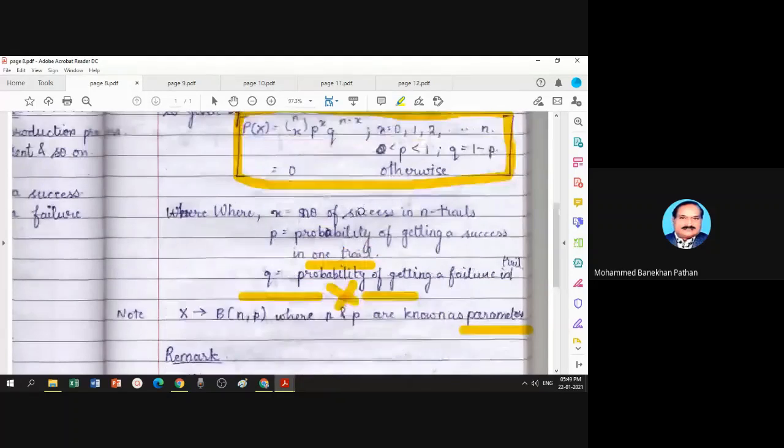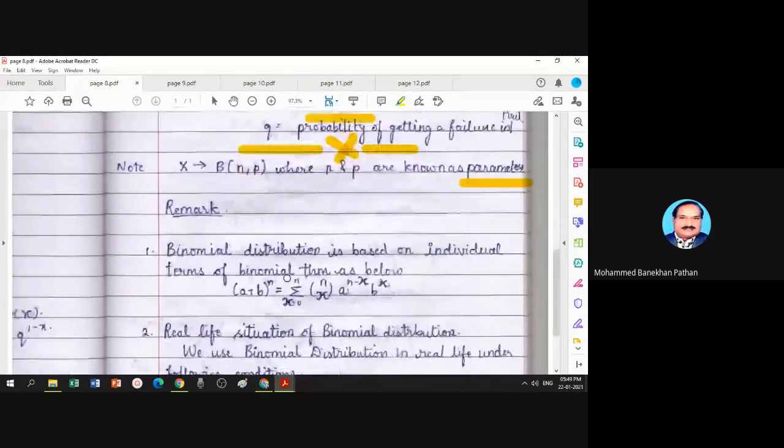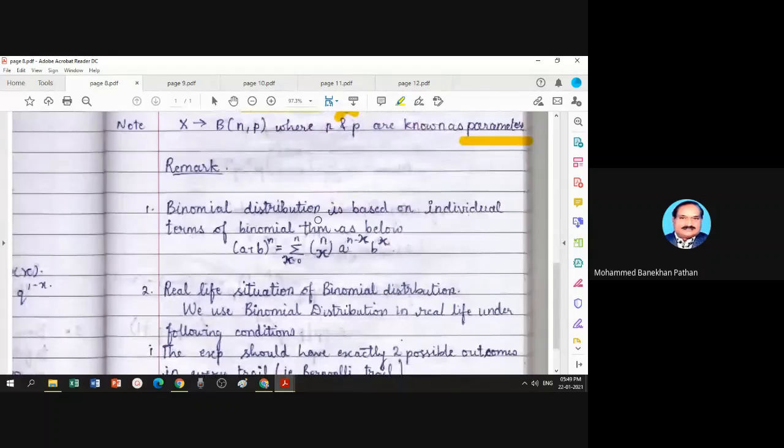Now on this function, we put certain remarks. Remark: binomial distribution is based on individual terms of the binomial theorem. You can recall your mathematics knowledge. You know the expansion of (a plus b) whole raised to n, provided n is a positive integer.